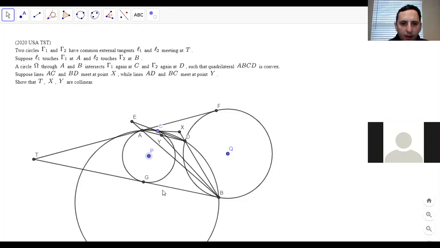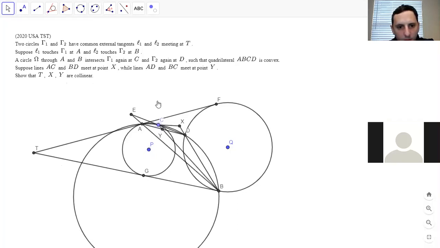Maybe we could drop perpendiculars from X and Y to these two sides and show that the ratio of them for X is the same as for Y. Maybe there's some similar triangles.